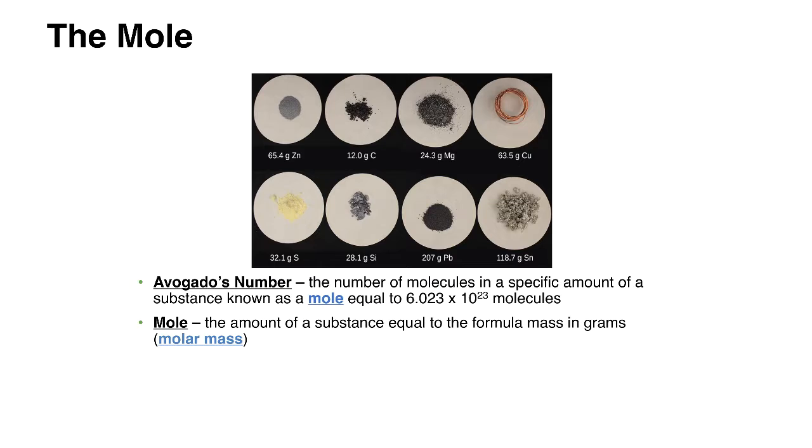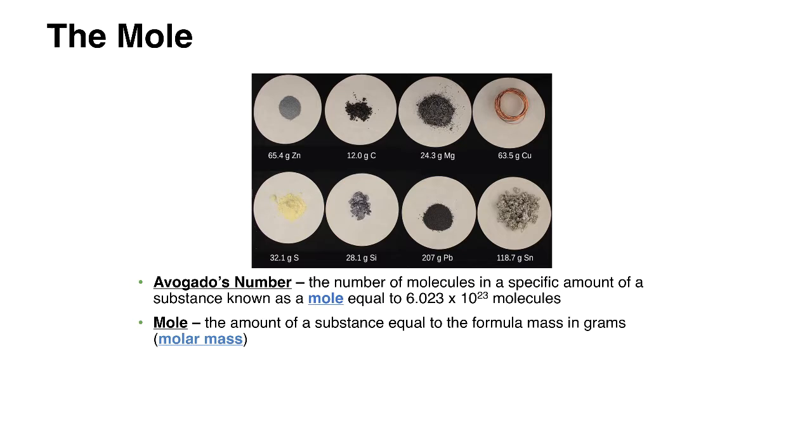And if you pull out your periodic table now and look at all of these various substances, you'll find that each of these masses in grams represents the mass of a single atom in AMU. So the molar mass, the mass of the mole of any particular substance, is equal to its mass on the periodic table expressed in grams.